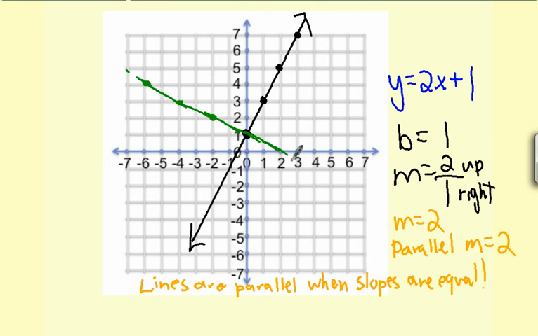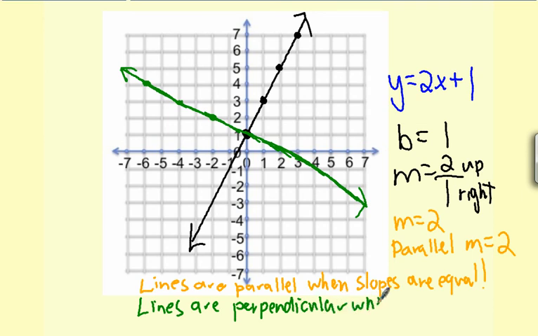This would be a perpendicular line through this point. So lines are perpendicular when slopes are negative reciprocals.